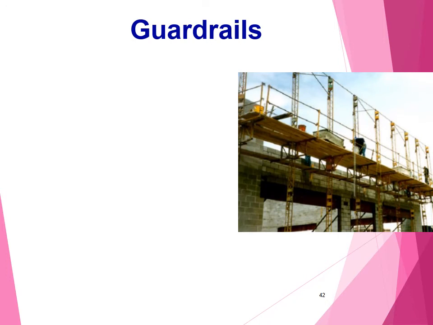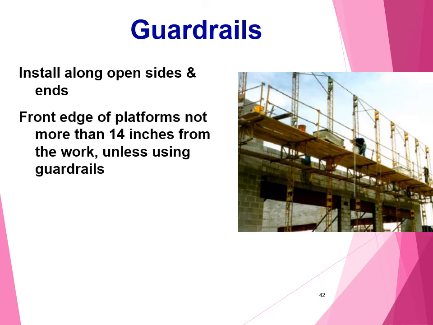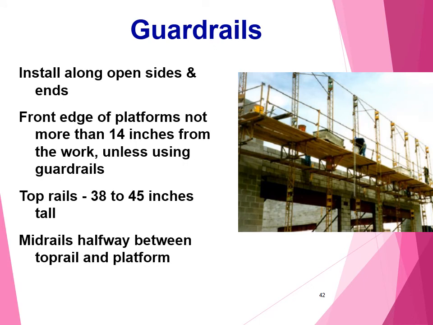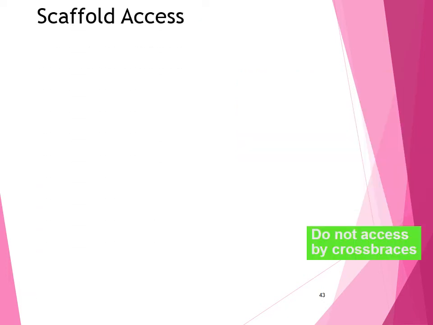This is the way the guardrails have to be fitted. Front of platforms not more than 14 inches from the work unless using guardrails. Top rails 38 to 45 inches tall. Mid rails midway between the top rail and the platform. Toe boards at least 3.5 inches high from the standing position.